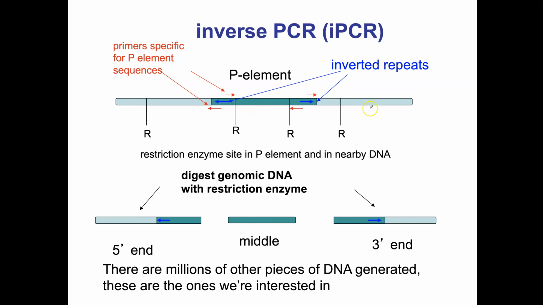Basically, you have a P element that's inserted into DNA, either right beside or right inside a gene. The blue arrows here are the inverted repeats. When we're using an element like this, we know the entire sequence, including restriction enzyme sites, which I'll talk about in the next recording.